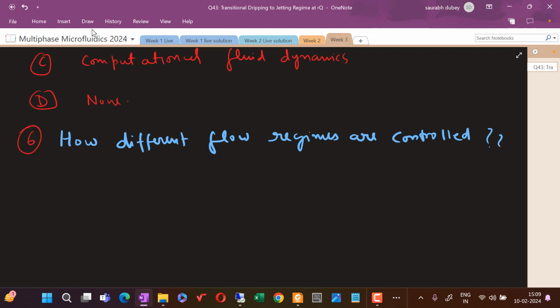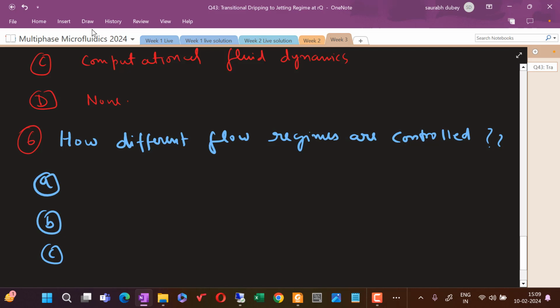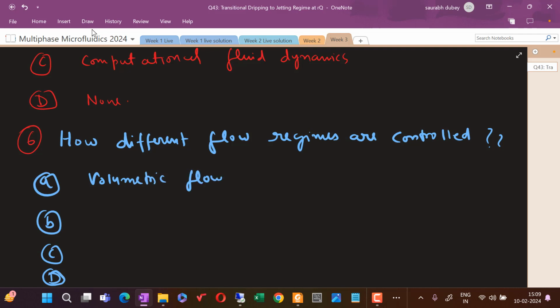So examples are volumetric flow rates of continuous and disperse phase.